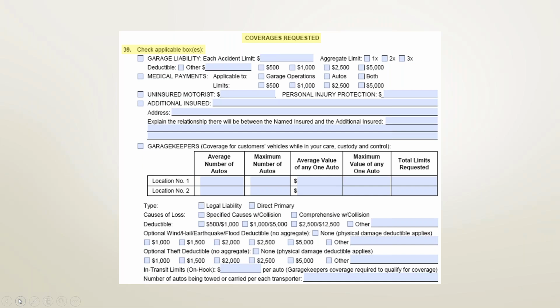The garage keepers to cover the customer vehicles while they're in your care. You can get into the med pay and maybe the broadened coverage, which we're going to hit on the next slide. So you can kind of piecemeal it together as best as you can, or you can just go big, get a quote with all the coverages we're discussing, and then kind of take them off.